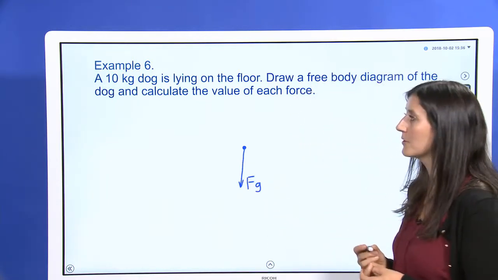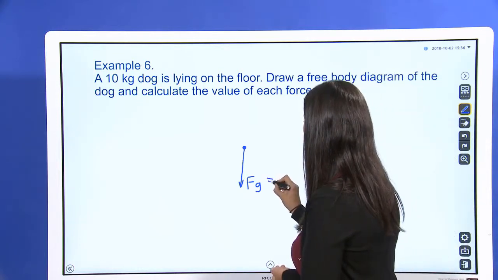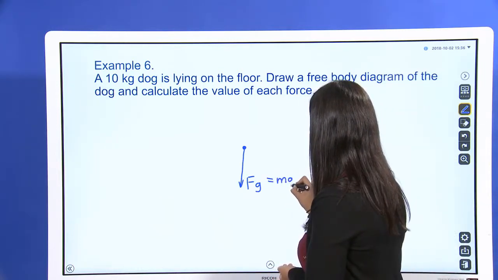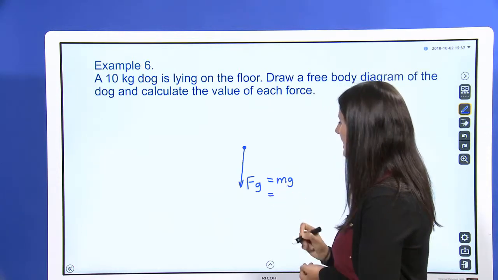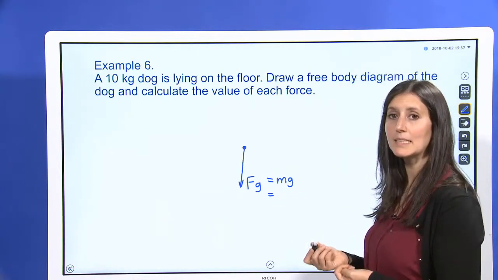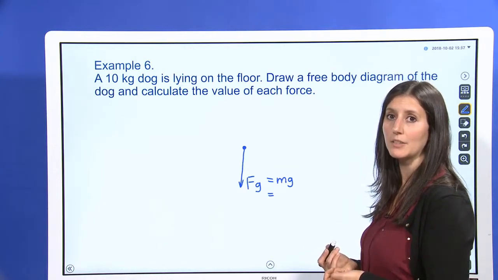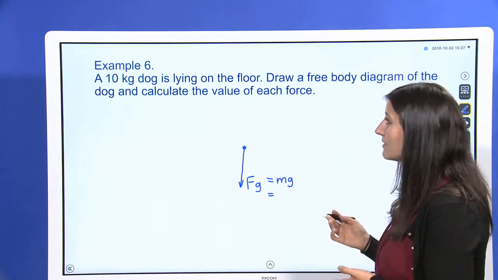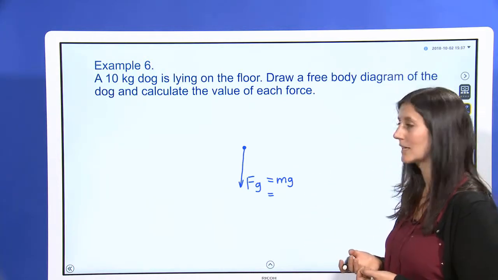Now the equation for the force of gravity is Fg equals mg. We want to calculate this value, so the mass has to be in kilograms. Kilograms is the standard SI unit for mass. If it's in any other unit, you need to convert your units to kilograms.